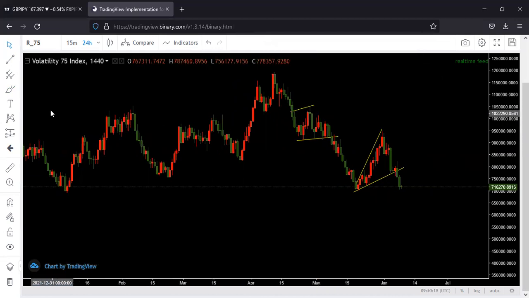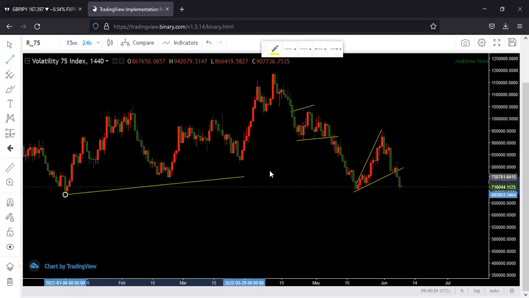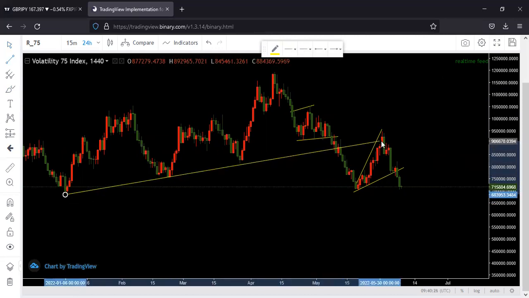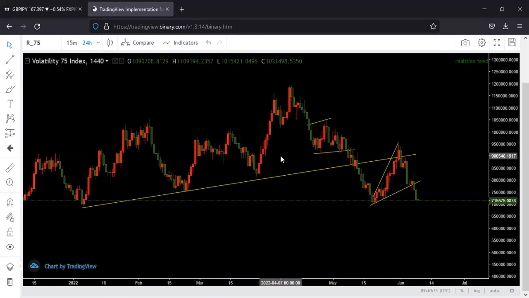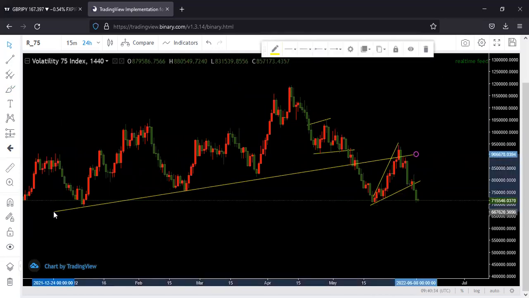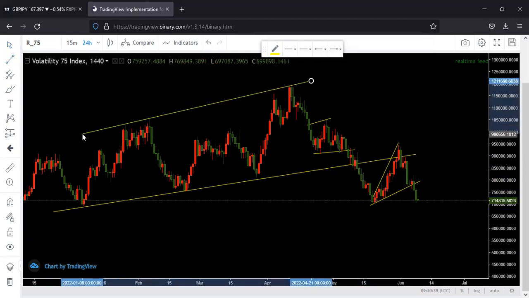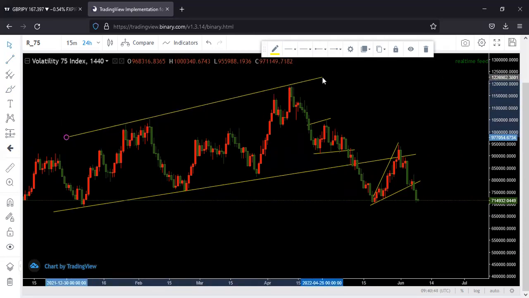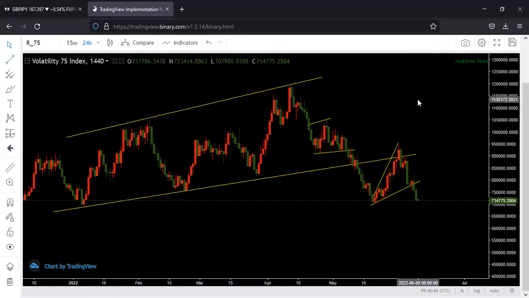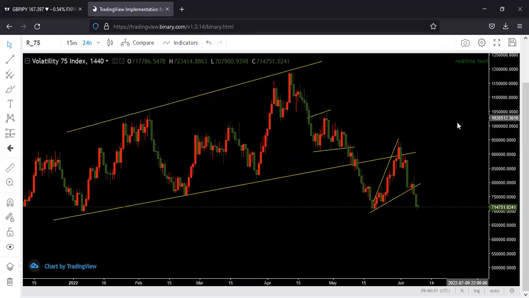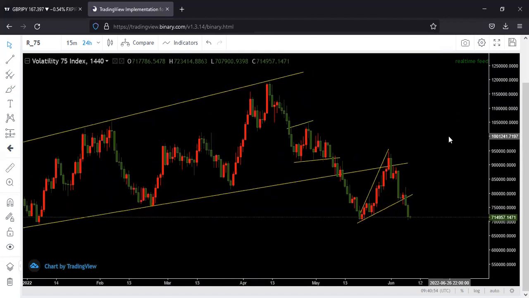Again, when I'm going to try to spot this, something like this, from this point to this point, you will see something like an ascending channel. All right, so this is an ascending channel, as you can see here, guys. And just make sure guys you zoom in and out so that you can see the clear picture as well as a good picture. Okay, now I'm going to zoom in.